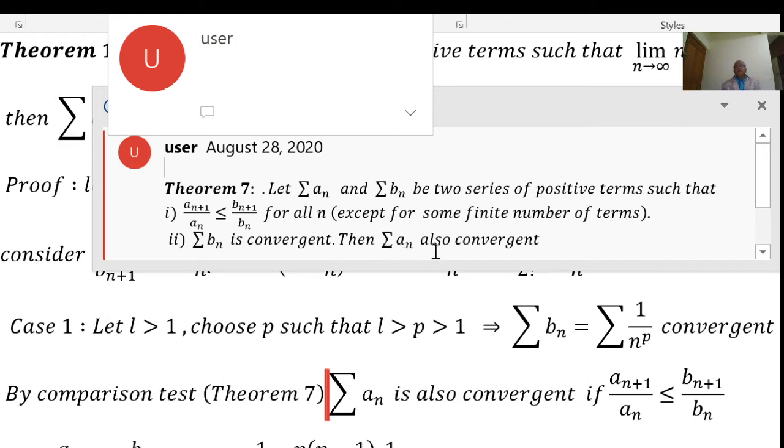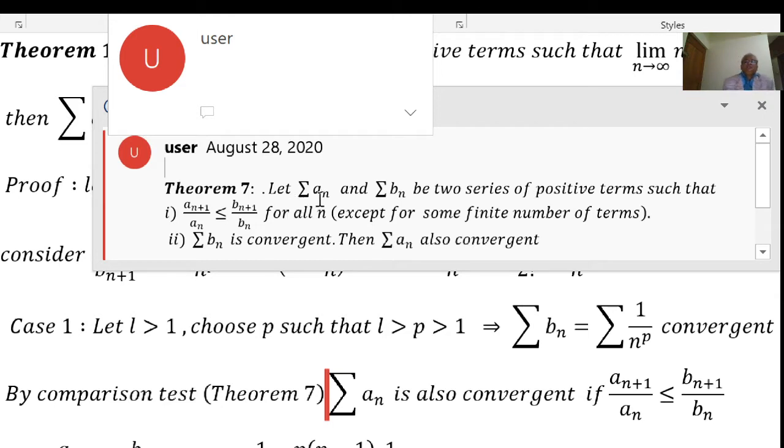Then sigma a_n is also convergent. This is one comparison test.